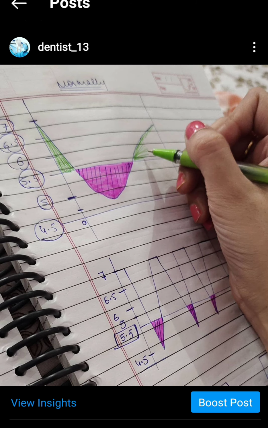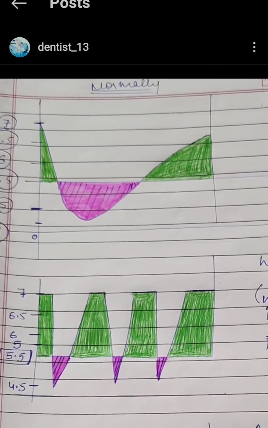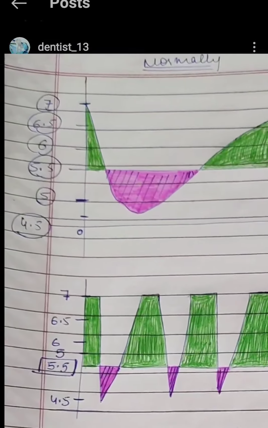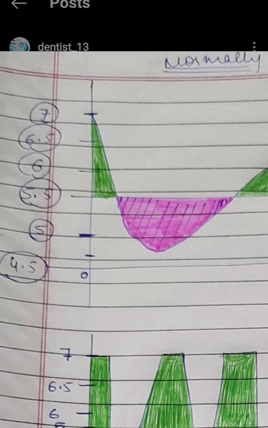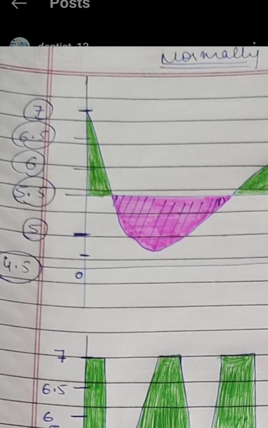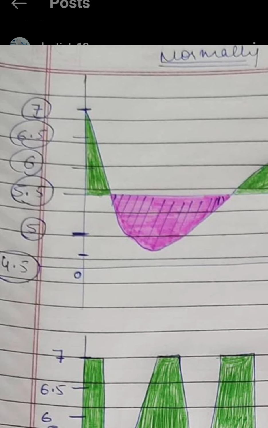So let's see. As I have explained, the pH level falls from 7 to the 5.5 range, and beyond that even up to the 4.5 range when a person eats food.